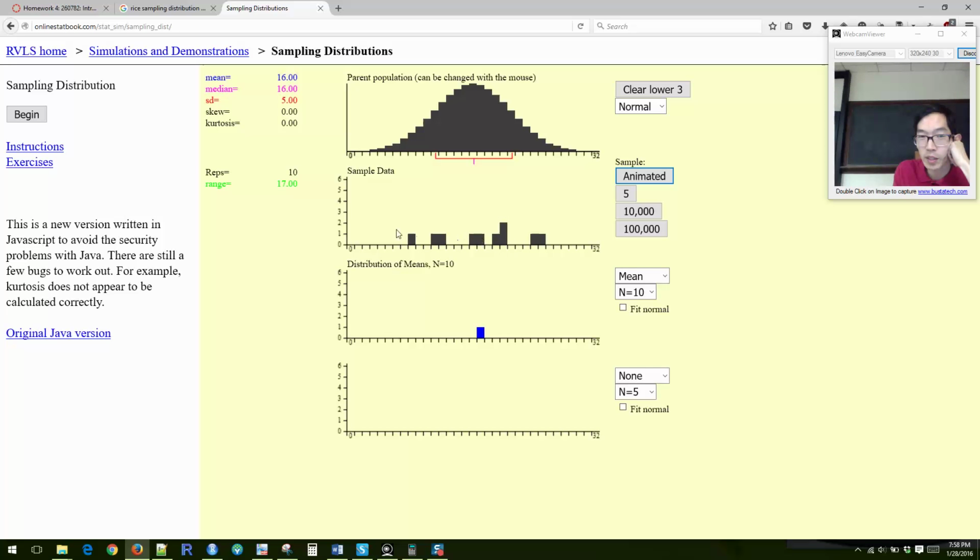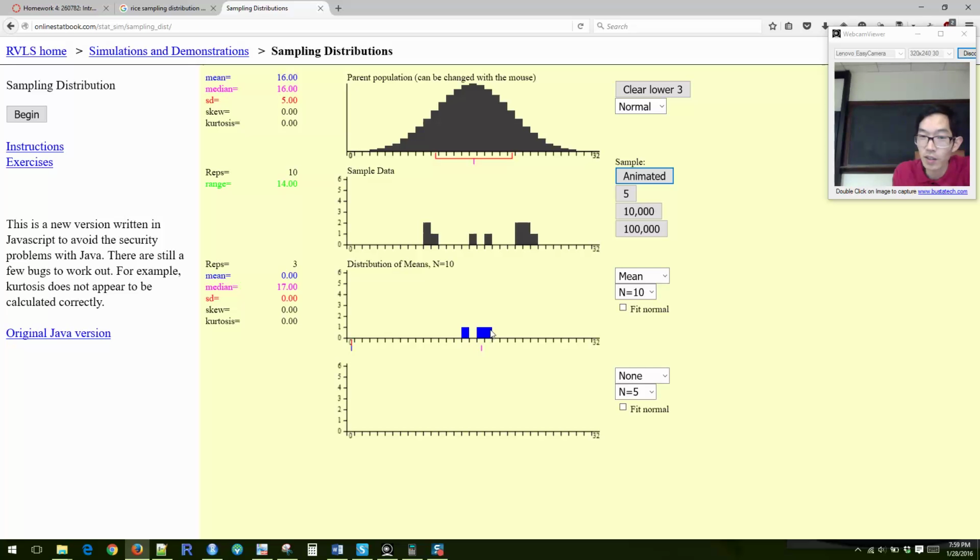These are the 10 people that we got, and it calculates the mean of these 10 randomly selected people, and says the mean of these 10 random people is right here. And we can do this again, 10 random people, and it says the mean of these 10 random people is right here. And I'll do this again.